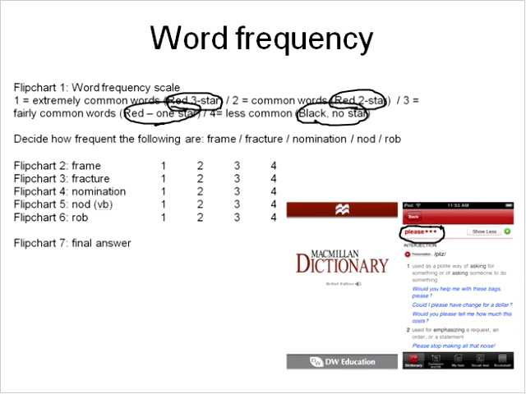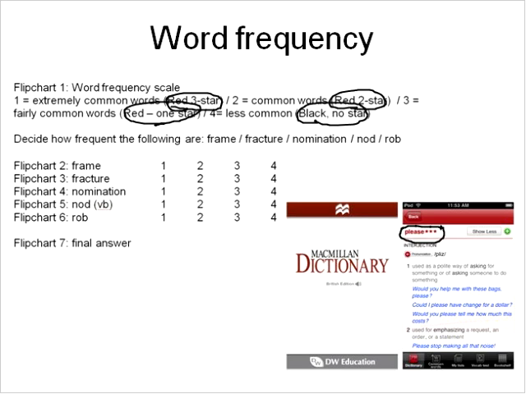Would you just like to type in the word frame and just say if you think instinctively if it's a red word or a black word? So Janice thinks it's got no stars. Caroline thinks it's 2. Fracture has got 1 star, nomination has got 2, and I think Nod's got 2.